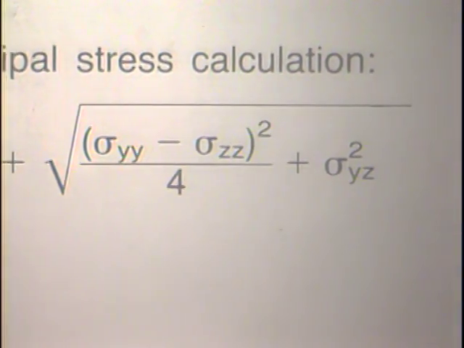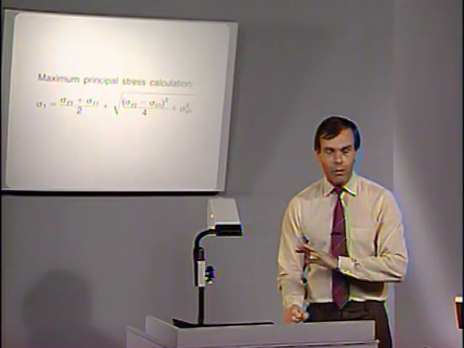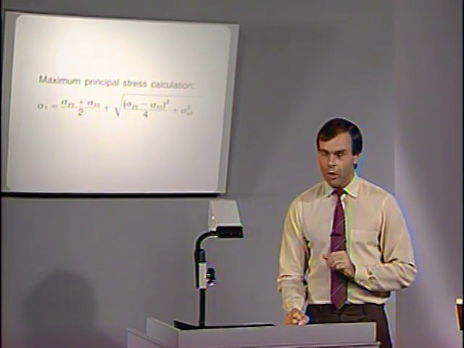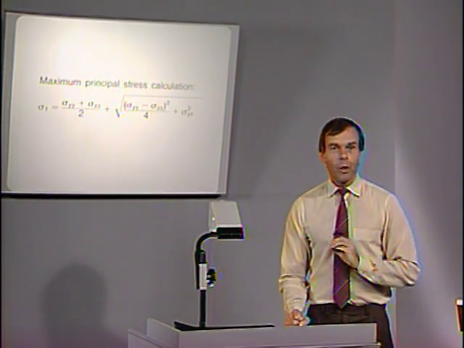We can ask ADINA-PLOT to calculate sigma 1 at all the nodal points in the mesh, and then to search through those sigma 1 stresses to find the location, the element and the nodal point, to have the physical location of the maximum stress occurring in the mesh.